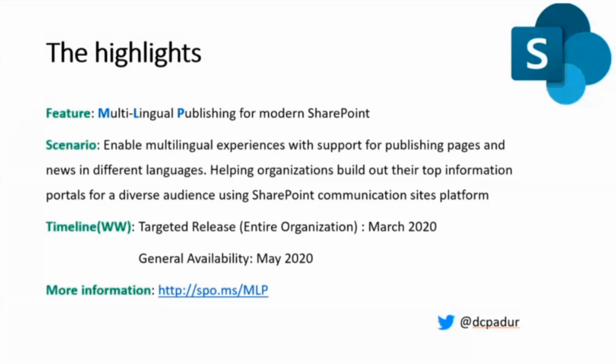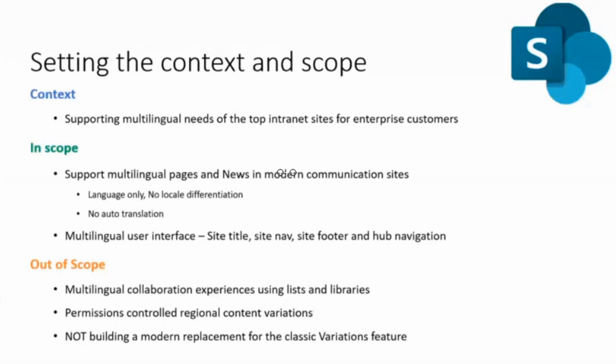We have a basic MVP experience that we have shipped out with the publishing experience that ties in together and delivers a great experience for the end users, along with the content creators and the folks that set up the site. A quick setting of the context and the scope. Obviously, we are supporting multilingual pages and news in communication sites. That's the scope of the project right now. It also involves the site name, site language, the site navigation, and site footer, hub navigation.